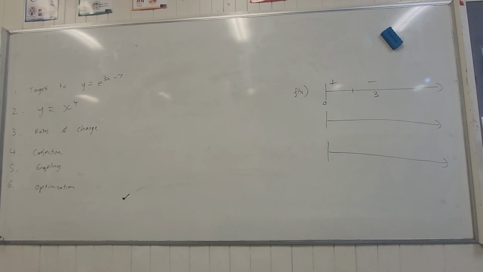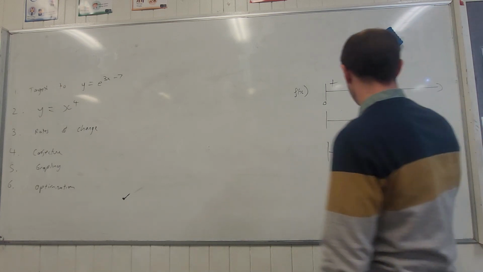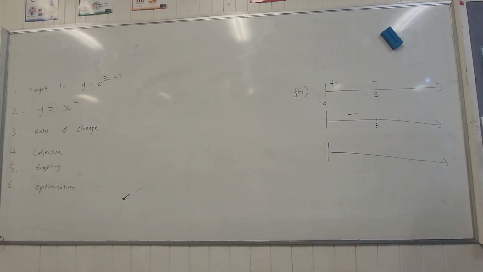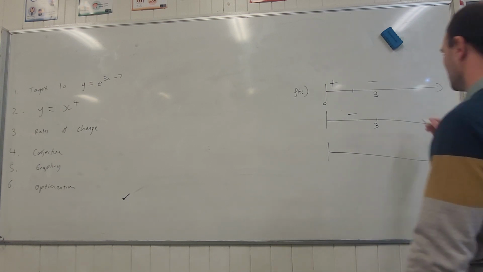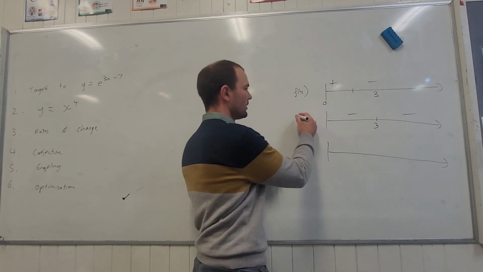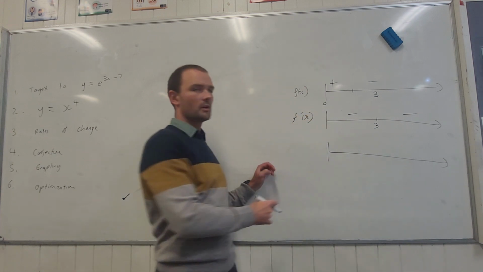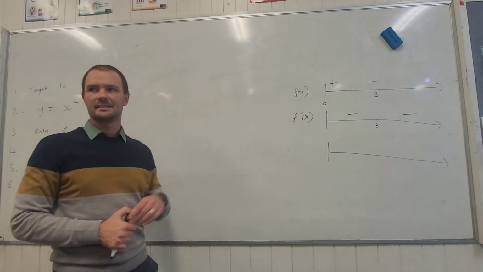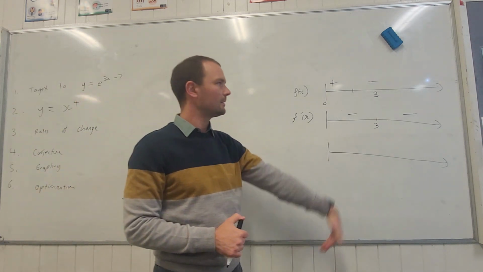Let's look at the first derivative. We don't have any information when x is 0, but we know between 0 and 3, the slope is negative. That's quite useful. We have negative slope there, then it's horizontal at that point, and then negative slope again. So it's decreasing, goes horizontal, keeps decreasing.